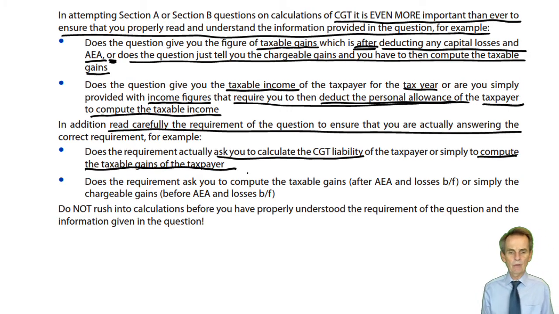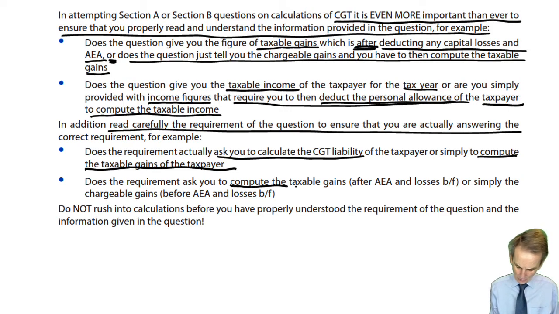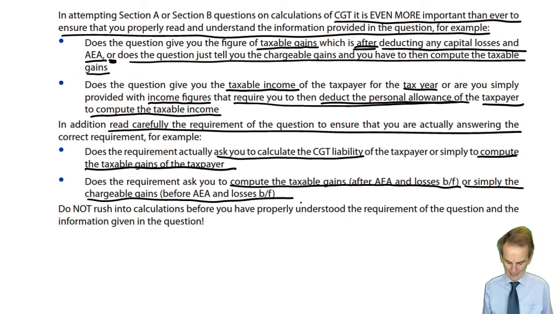They may give you individual assets with market values and or sale proceeds, your allowable costs, and you've simply got to work out what the net gains of the year might be, and then the taxable gains after deducting any AEA. They don't necessarily always ask you to compute the CGT liability, so make sure you're answering the correct requirement. Does the requirement ask you to compute the taxable gains after AEA and losses brought forward, or simply the chargeable gains before AEA and losses brought forward? Again, what do they want?